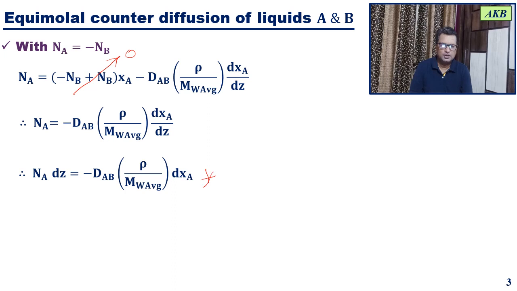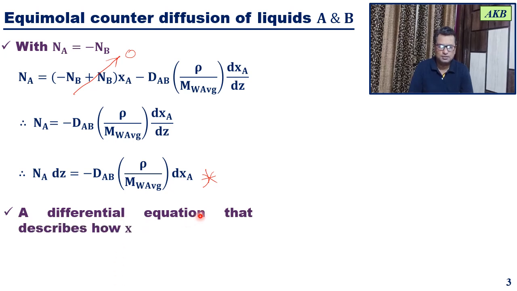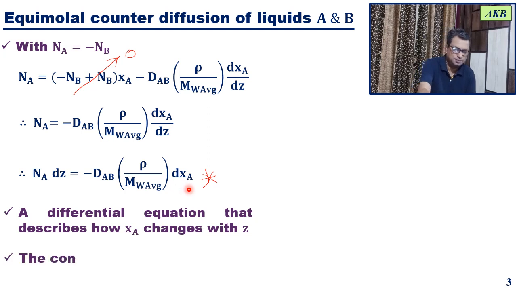I'll call it the star equation. It is a differential equation that describes how Xa is changing with Z. As you move along Z, how Xa changes is given by this particular differential equation.